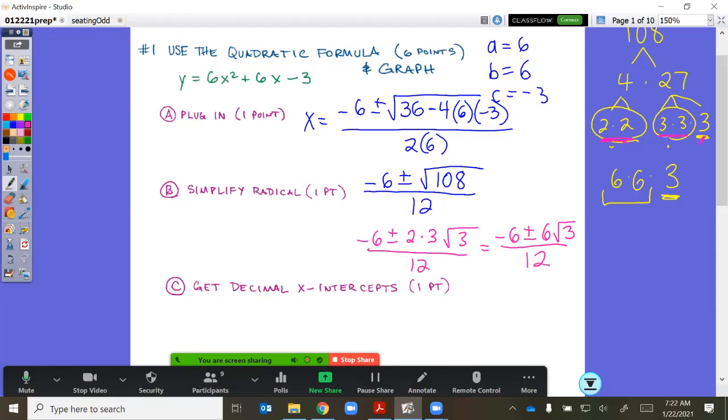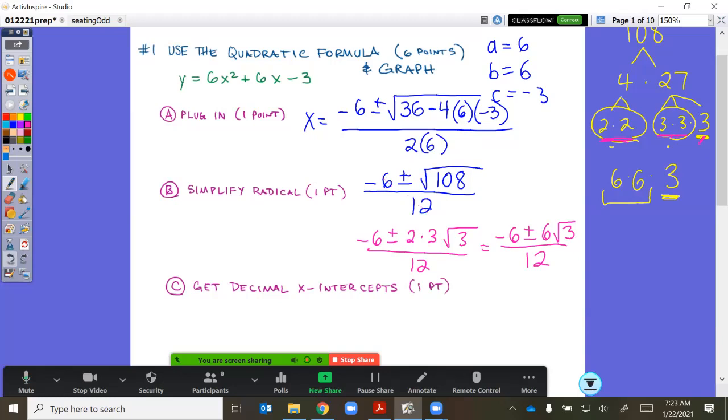So that's what I mean when I say simplify the radical. I want you to get it in the lowest terms possible, which then will lead you to cancel. Before you couldn't say the 6 and the 12 cancel, because there's nothing in front of the radical. There needs to be something in front of the radical for you to cancel. And there was nothing out there, but now there is.